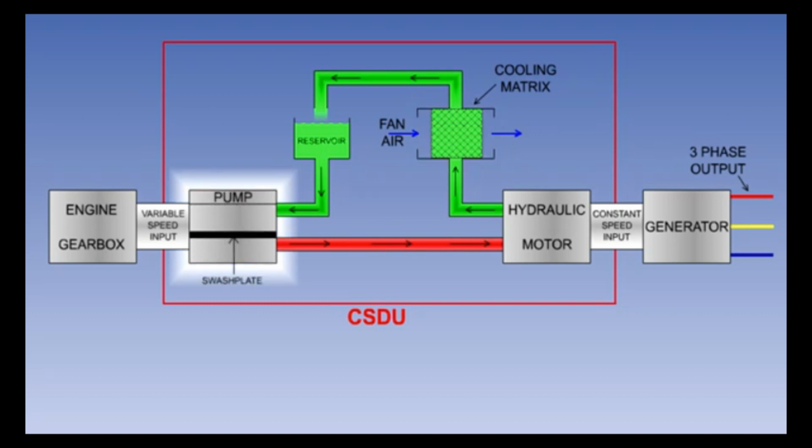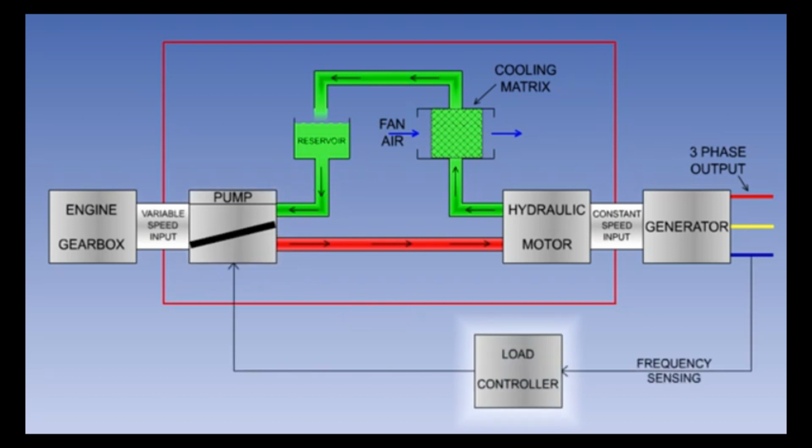The output of the hydraulic pump, and therefore the speed of the hydraulic motor, depends on the angle of a swash plate within the pump. The angle of the swash plate is controlled by a speed governor in the generator's load controller.